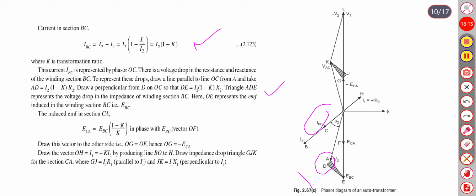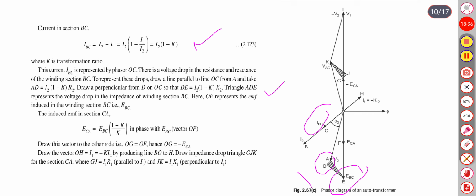The triangle ADE represents the voltage drop in the impedance of the winding BC. Here OE represents the EMF induced in the winding BC, called EBC.